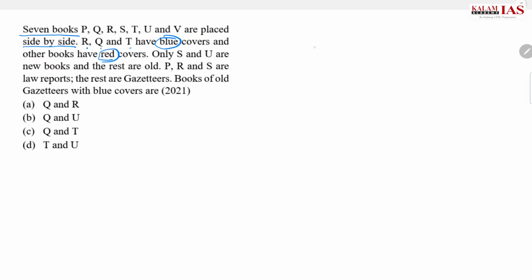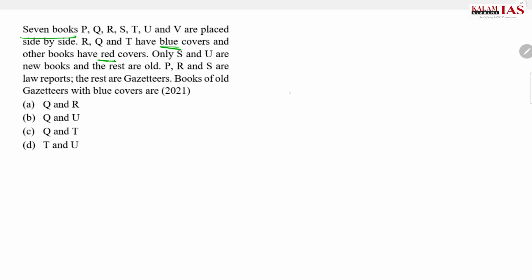Let's write them out. We have 7 books. Three books have blue colors and other books have red colors.